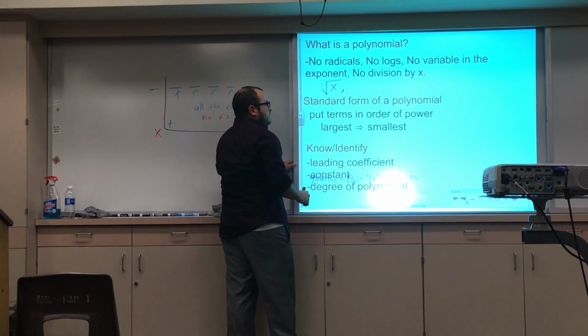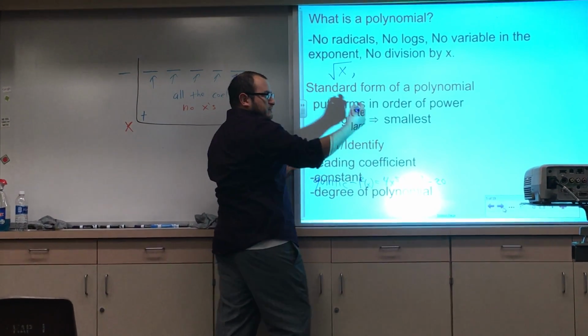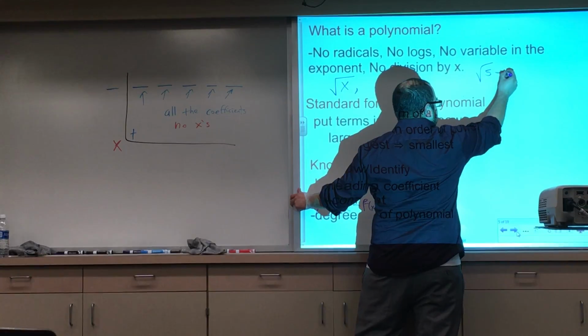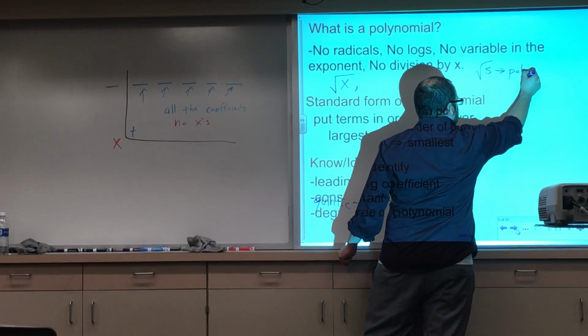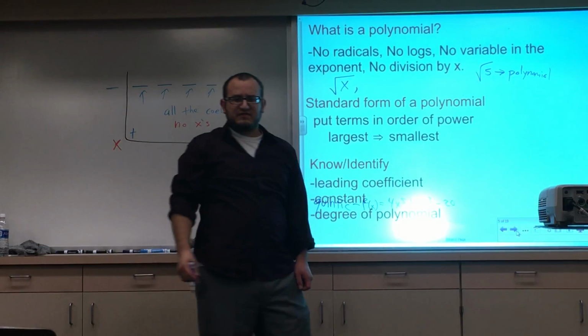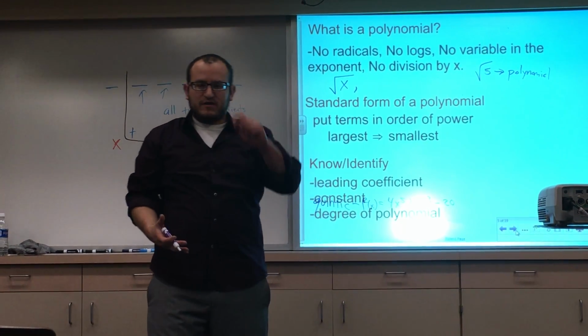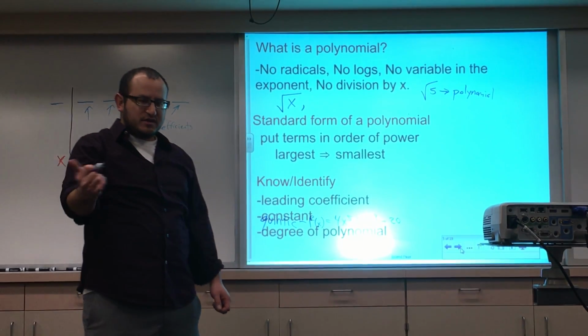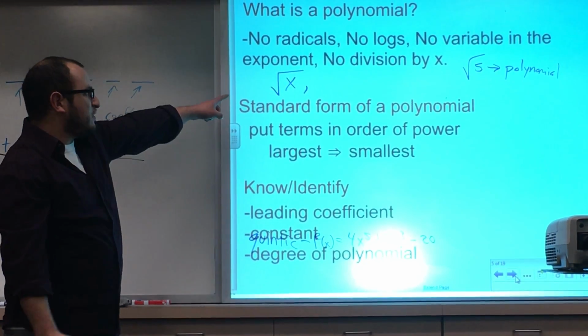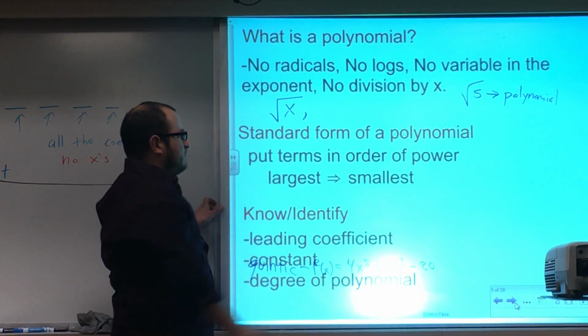Now, it could have radical 5. This is still a polynomial, because radical 5 is just a number. Radical 5 is a constant term. If you plug it into your calculator, it's going to spit out a number. You can't have radical x. You can't have logs.